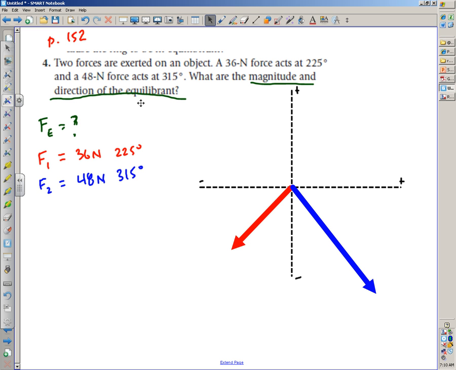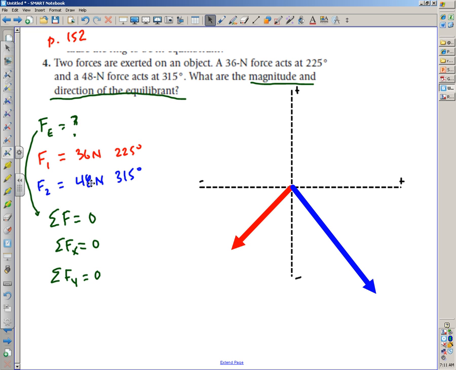Magnitude and direction of the equilibrant. As we discussed in the previous problem, in order to get equilibrium, we need to have net force equal to 0. But in 2 dimensions, that requires that we have both equilibrium on the x-axis and equilibrium on the y-axis. So, first thing we're going to do, these forces, F1 and F2, are not horizontal forces and not vertical forces, right?